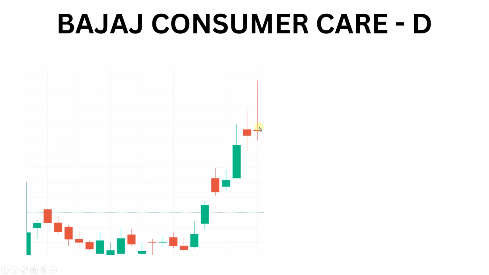This is not a perfect gravestone doji, because in a perfect gravestone doji there would be no body, and the opening and closing price would be the same. Here it is not so. You have a small lower wick and a big upper wick. But we consider it to be a gravestone doji because the length of the upper wick is much more than the length of the lower wick.